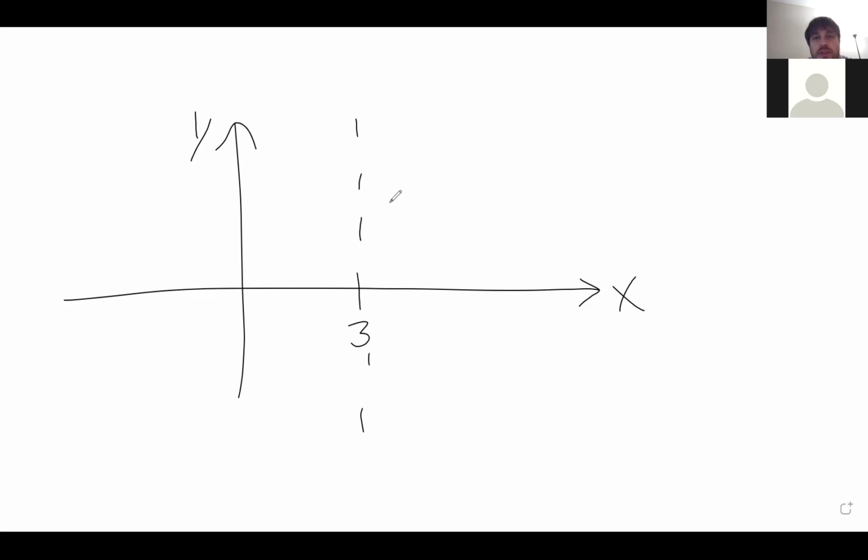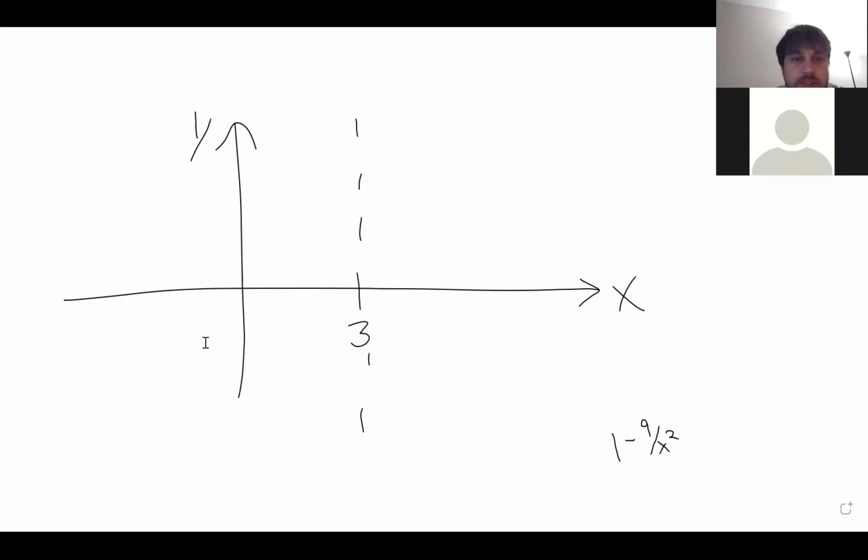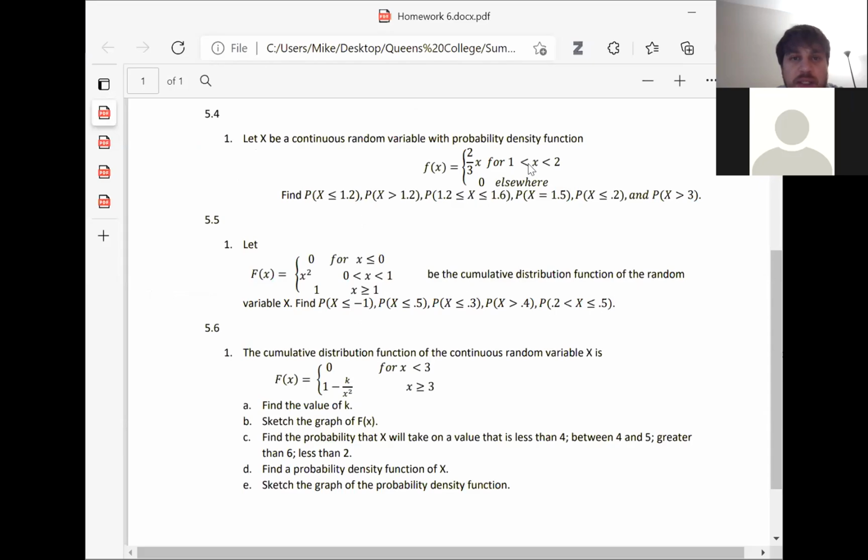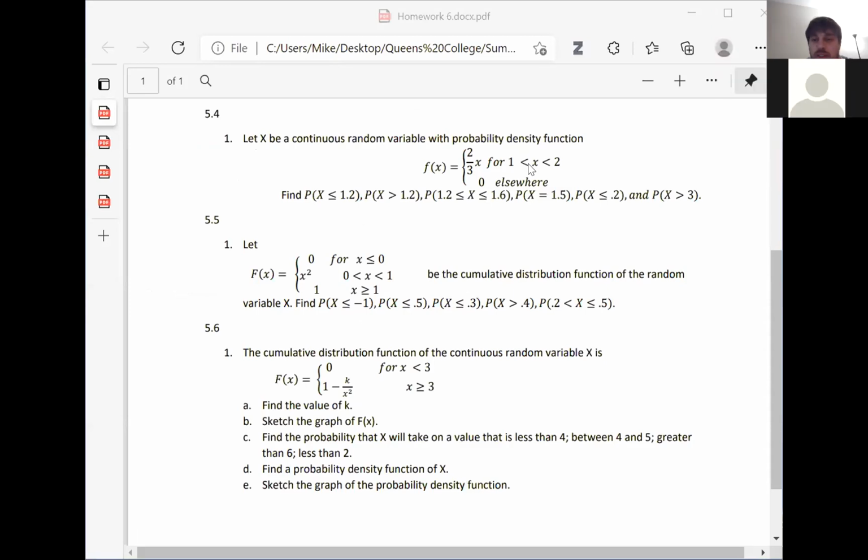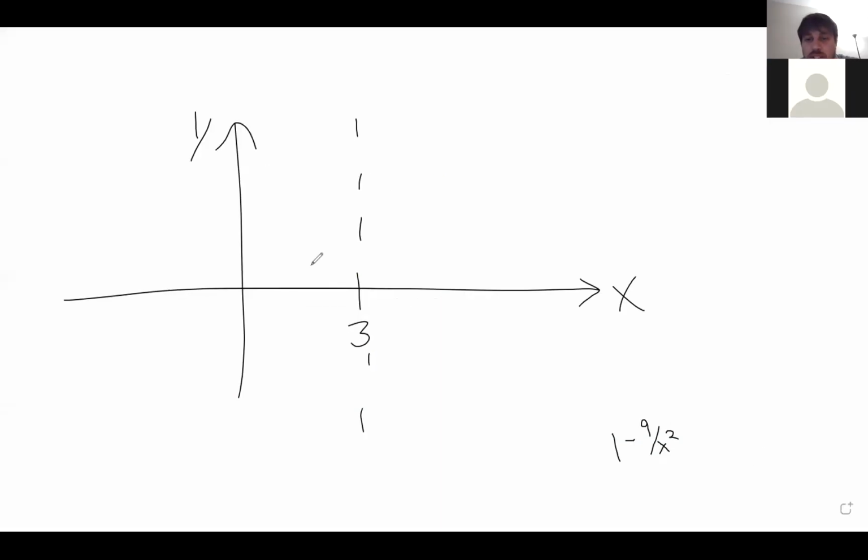So as x approaches infinity, 1 minus 9 over x squared, for x greater than or equal to 3. So when x equals 3, you get 0.